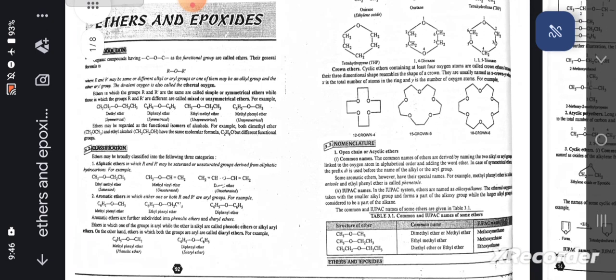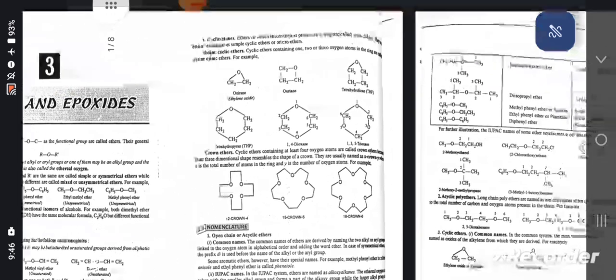Aromatic ethers, in which either one or both of R and R' are aryl groups. Ethers in which one group is aryl while the other is alkyl are called phenolic ethers or alkyl aryl ethers. On the other hand, ethers in which both the groups are aryl are called diaryl ethers.